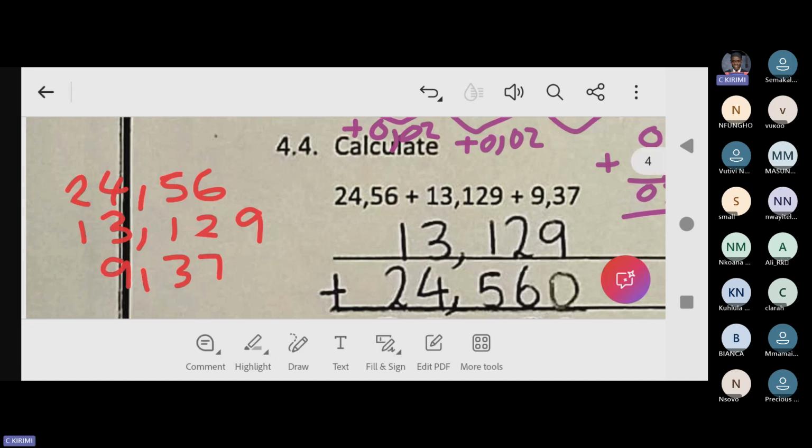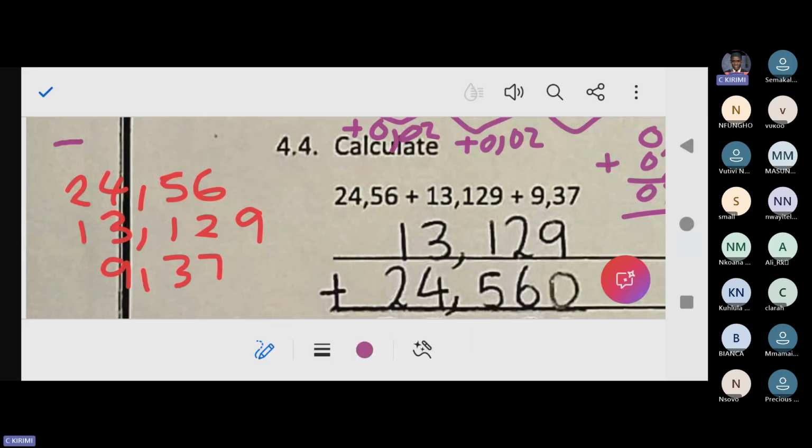In the place value table, you are having your tens, your units, and then the comma, which means this is the tenth, hundredth, and thousandth. So your columns must be straight. Once you put your numbers not straight, you won't get it right.